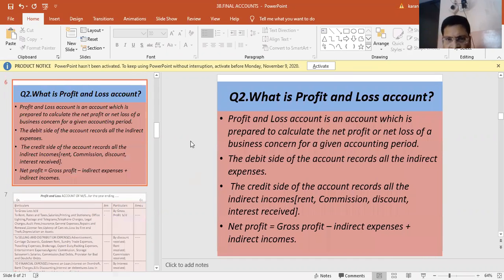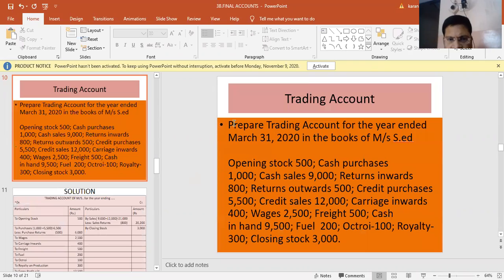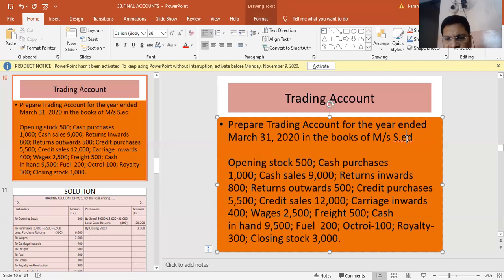Now, let's do one trading account sum. Prepare trading account for the year ended 31st March 2020 in the books of Messrs. Asset. Opening stock is 500. Cash purchase is 1000. Cash sales 9000.